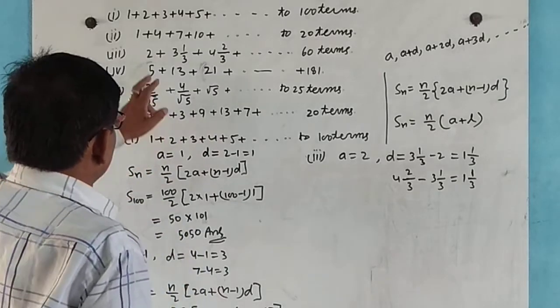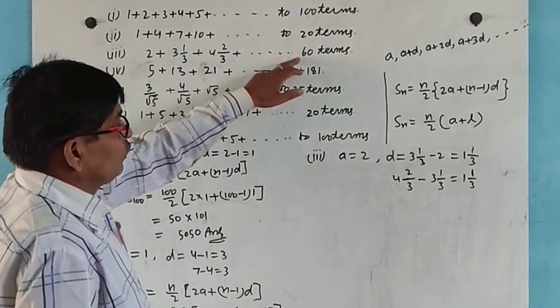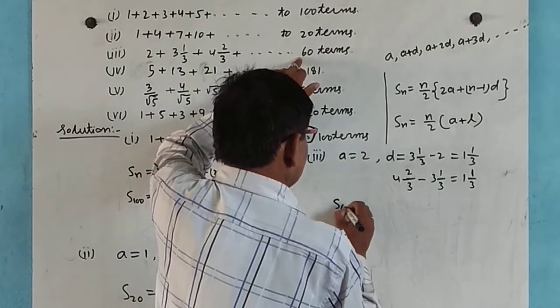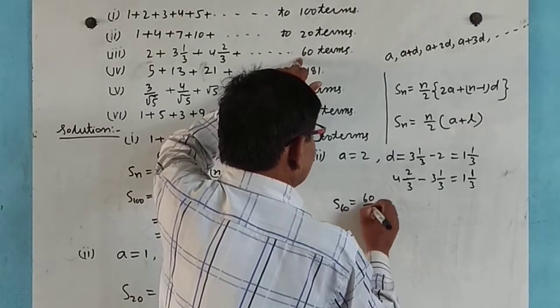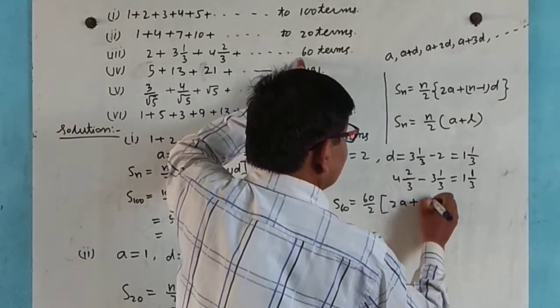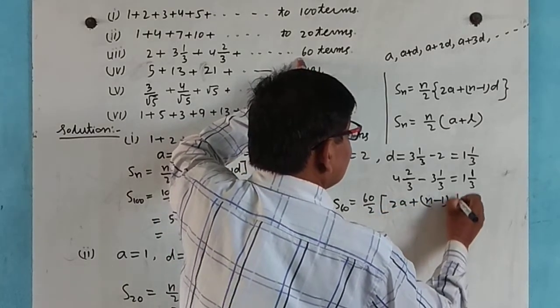Now in this case we calculate the 60th term sum. S60 is equal to 60 by 2 in brackets 2a plus n minus 1 into d.